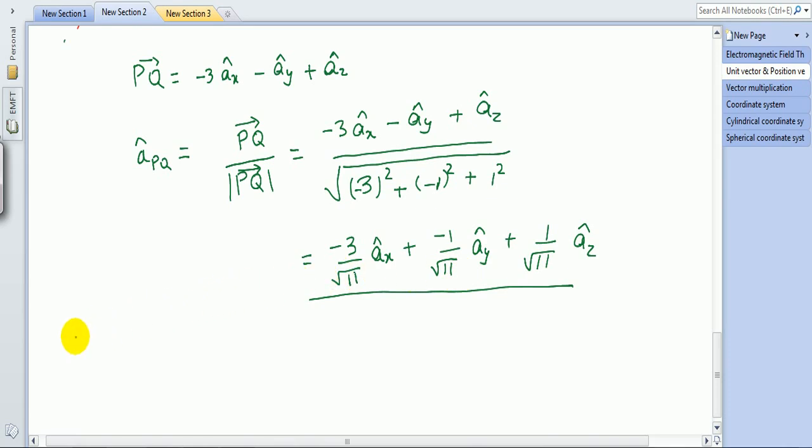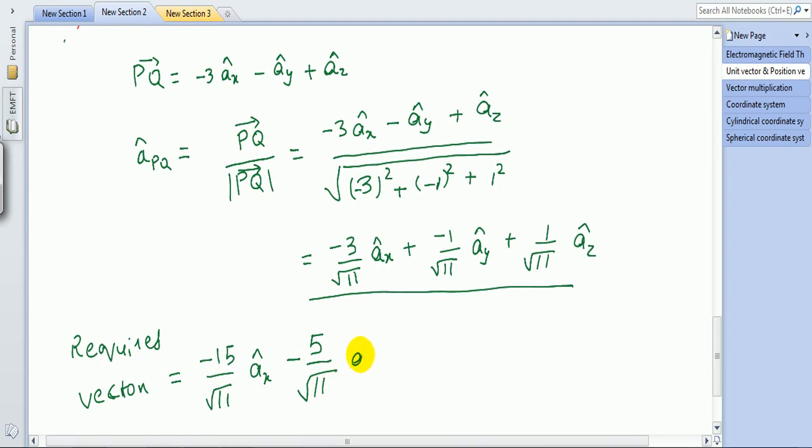So the required vector will be this unit vector multiplied by 5. 5 into -3 will be -15 by root 11 ax cap. 5 into -1 will be -5, so this will become -5 by root 11 ay cap plus, it will also become 5 by root 11 az cap.